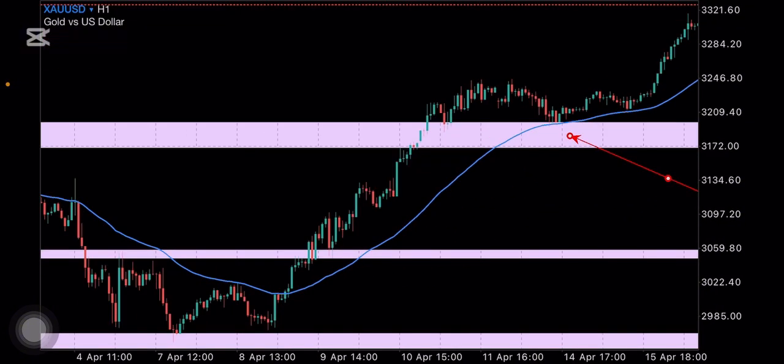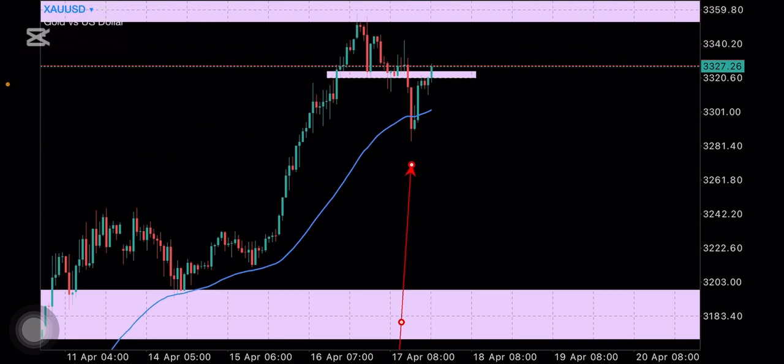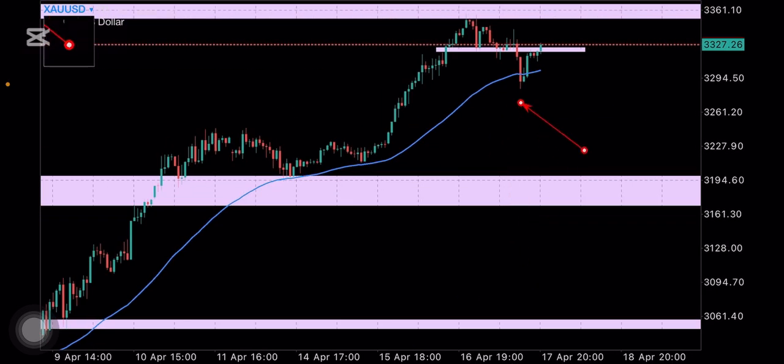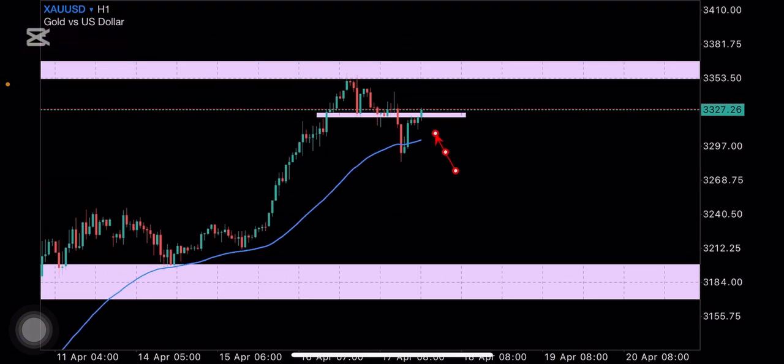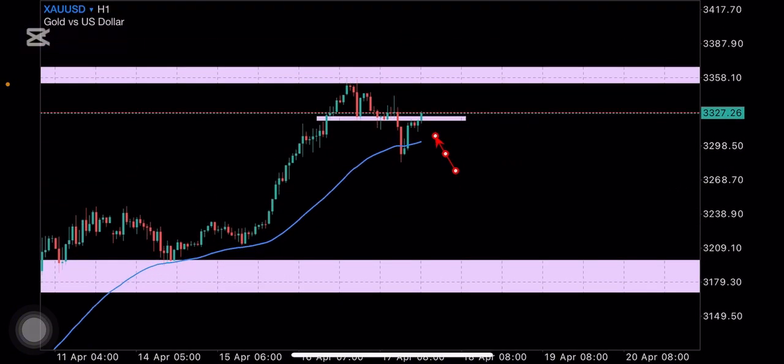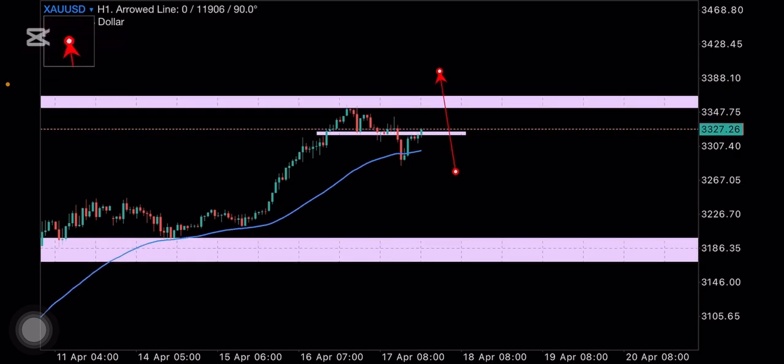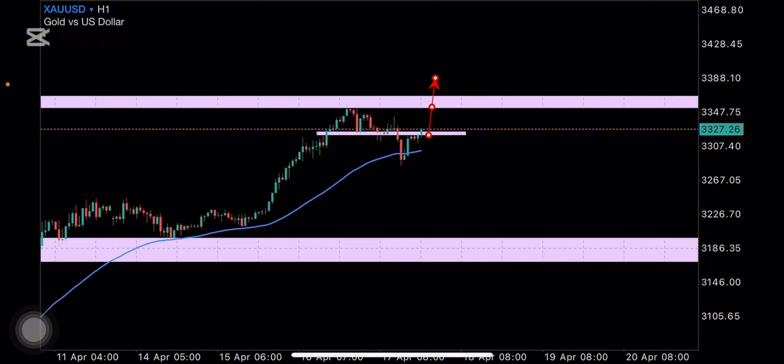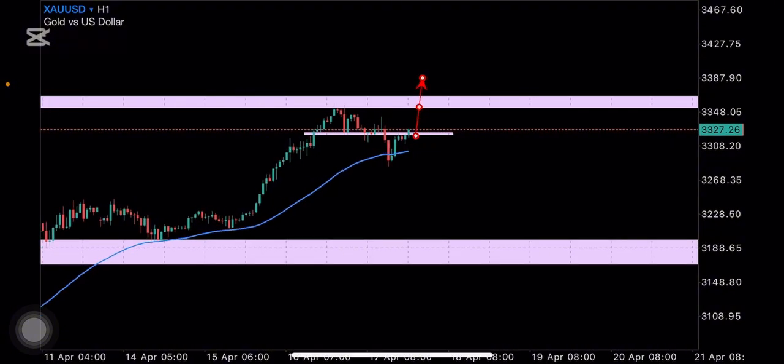All right. So at this point, what we are expecting here, because everything seems bullish, is for price to close above this key level, and then give us a retest, something like this.